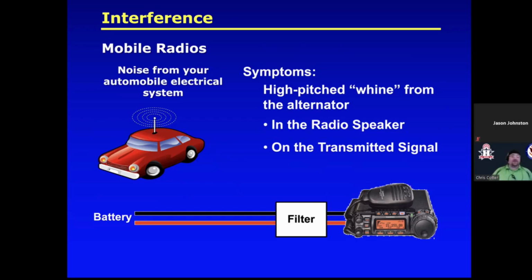You might hear it on the transmitted signal. So what you would do for that is get some sort of a filter. You can get ferrite beads or something along those lines. Make sure that your radio is grounded very thoroughly to a metal stud somewhere that's not painted. That way it gets a good solid ground.